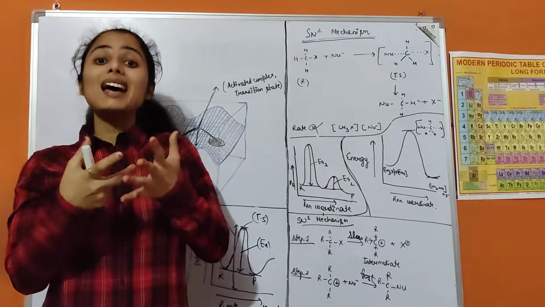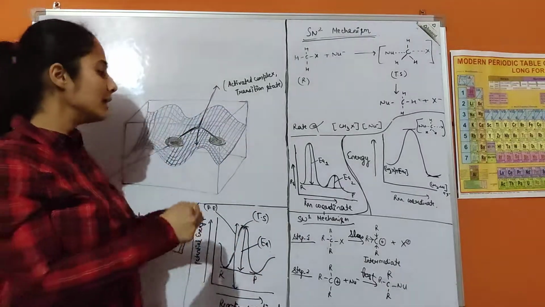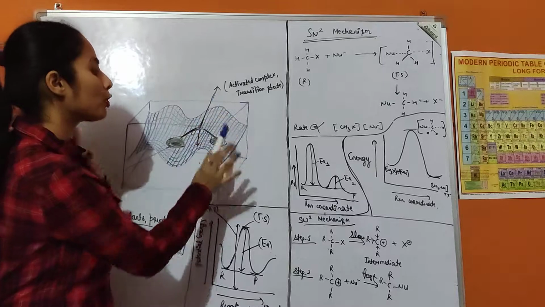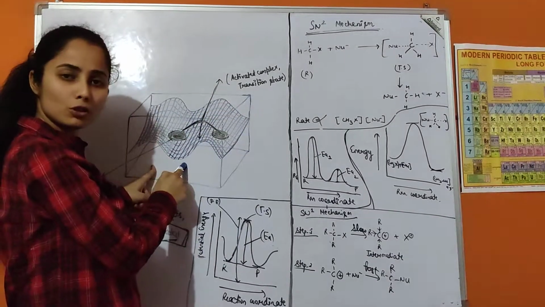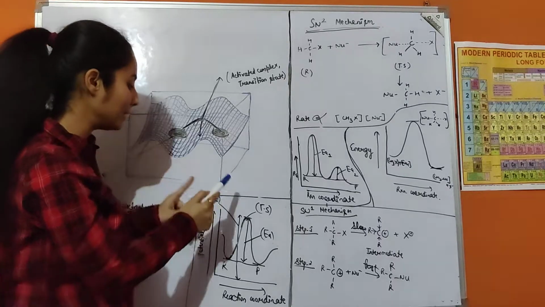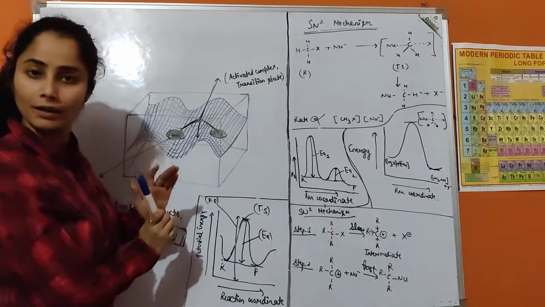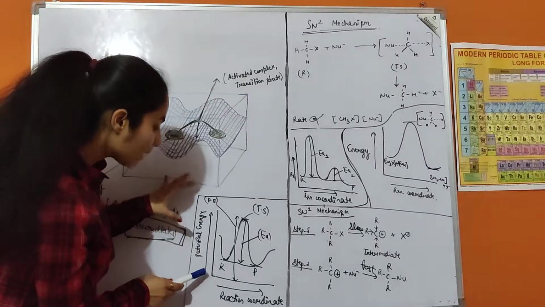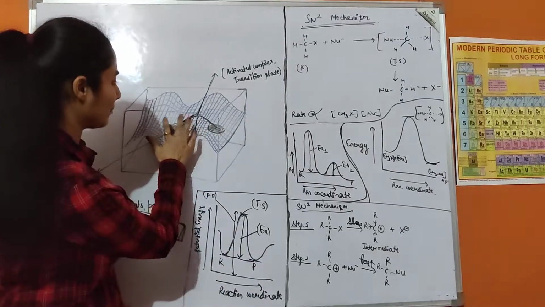Now what is an activation energy? For simplicity, let me project this three-dimensional topological map in 2D. So this is the 2D projection of this structure. Here I have drawn the same thing.